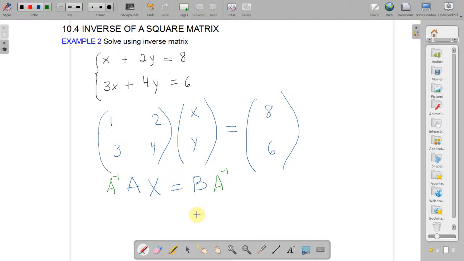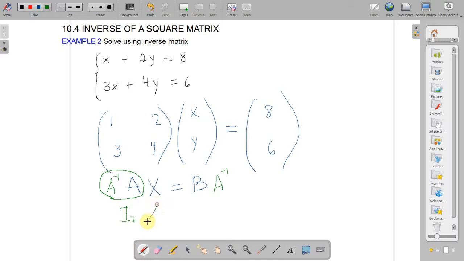If I multiply this one by the inverse and this one by the inverse, I get that. And you know that if you multiply two matrices that are inverses of each other, then you'll get the identity matrix, which is I2.